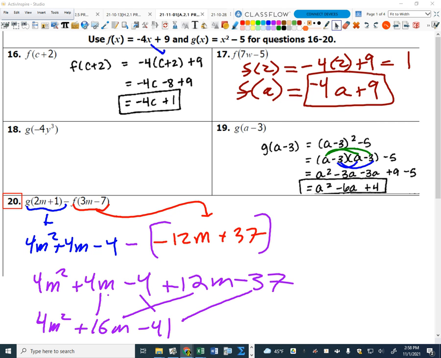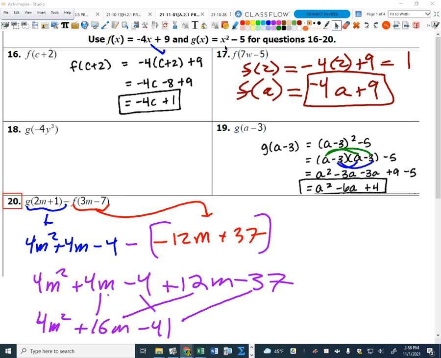That's not what we do. This is the answer. When I input c plus 2, this is what the output is. I just need to simplify it a little bit, though. That is the answer. It's just not simplified. It'd be like saying your answer is 6/4 instead of simplifying it to 3/2, right? This is the correct answer, but when we simplify it, we can write it like that. Make sense?